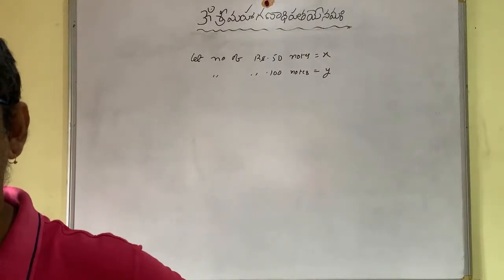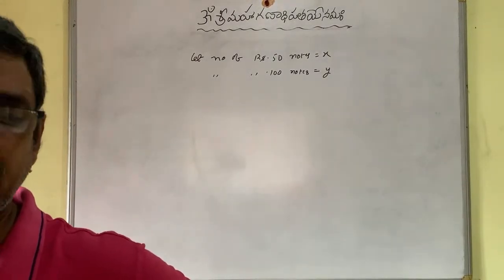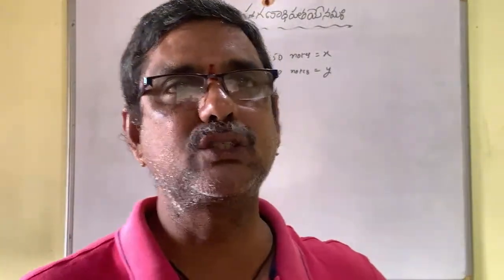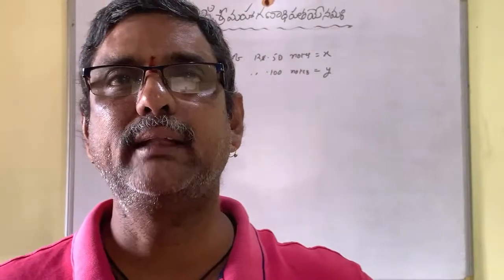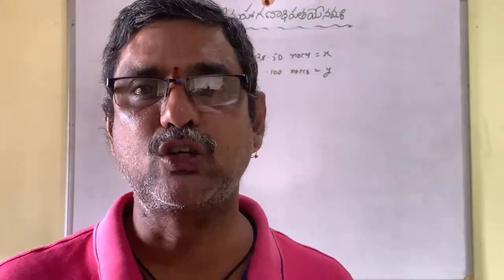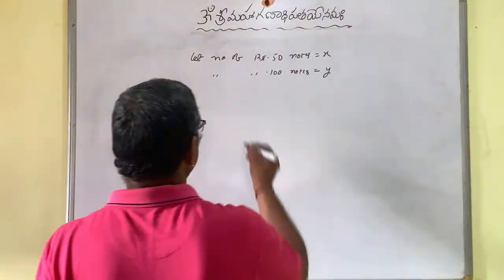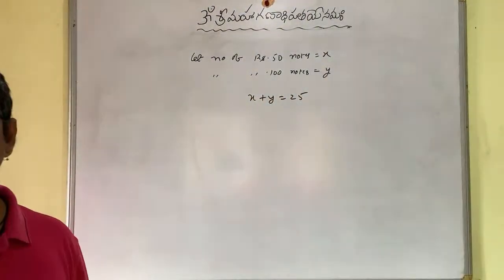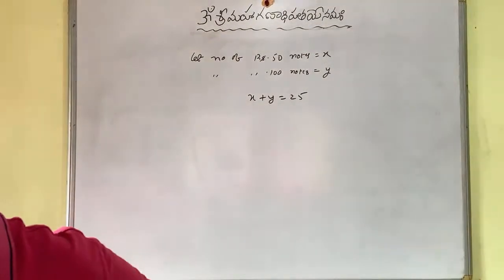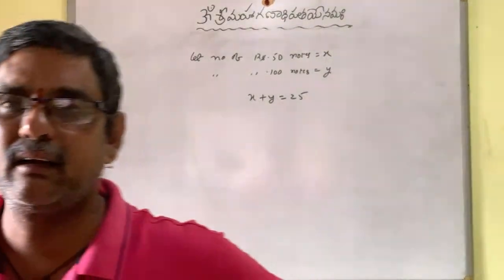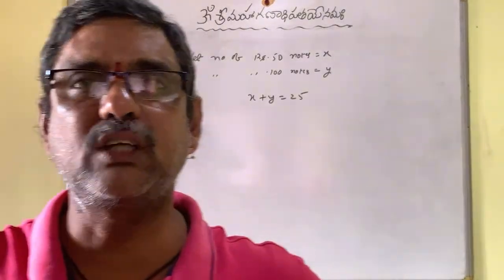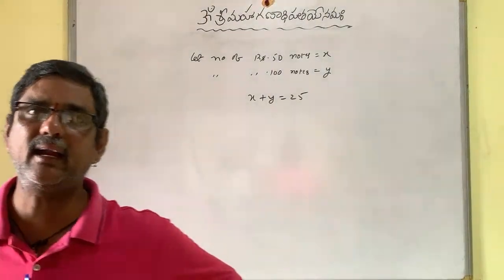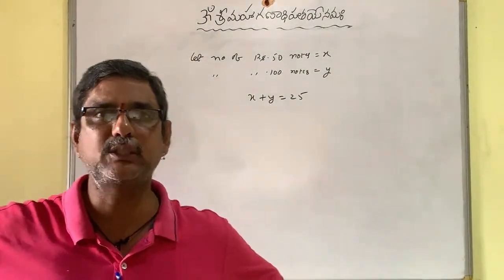Okay. Now, what is it saying? In total she got 25 notes together. That means x plus y is 25. x 50 rupee notes are there, y 100 rupee notes are there. So together they are 25. So x plus y is 25.